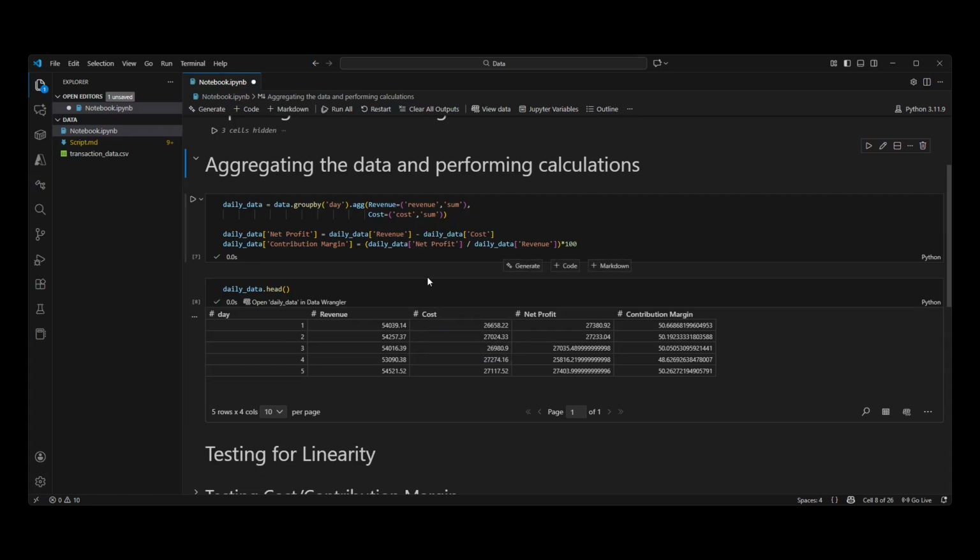Now, aggregating the data is simple. I just did the sum of revenue for each day. So day 1, all revenue for that day, all cost for that day. This would be your cost of goods sold. The net profit is a calculated column from revenue and cost, and contribution margin is the same.